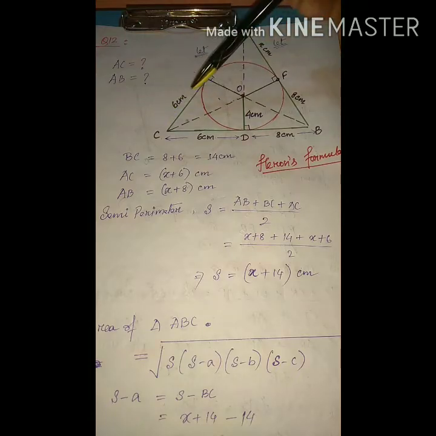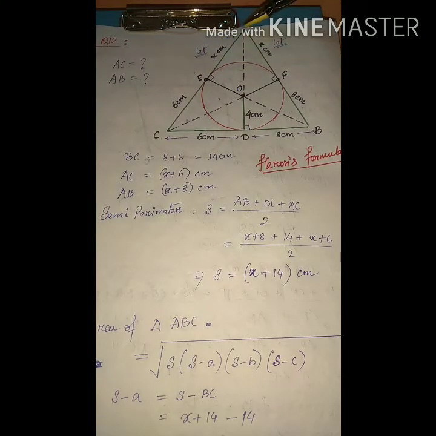So one part, CE, we already get, but we don't know this other part. A is the external point here, and AE and AF are the lengths of tangent, which we don't know. So we assume this length is X centimeter. If it is X centimeter here, then it is also X centimeter there. Is it clear?